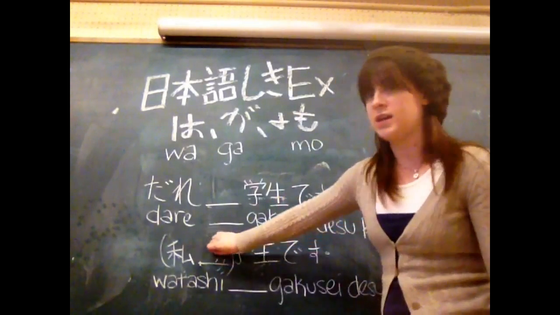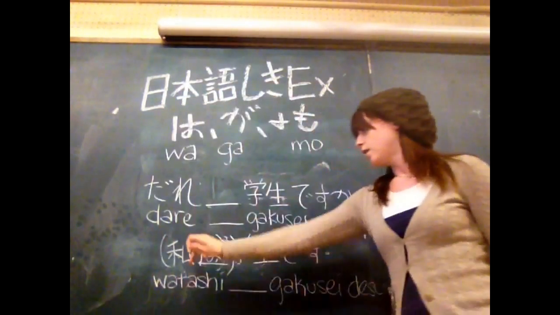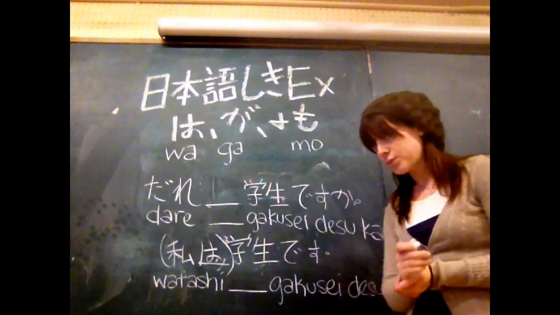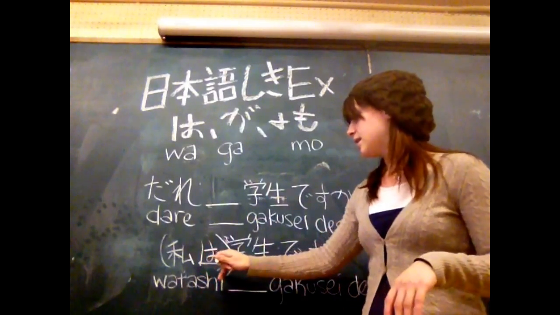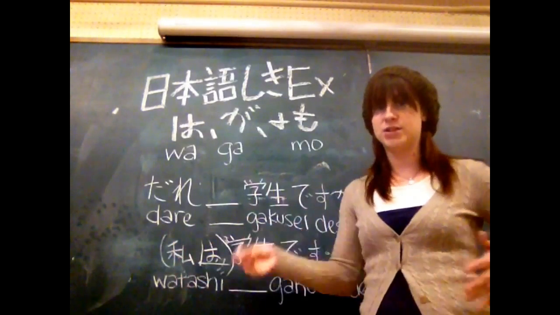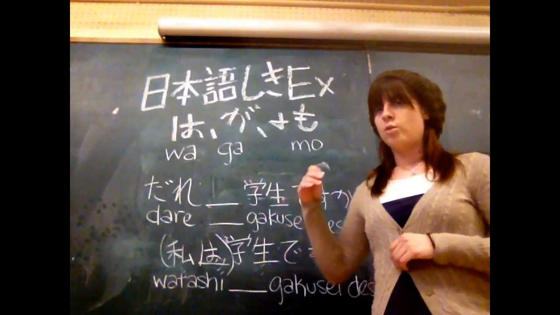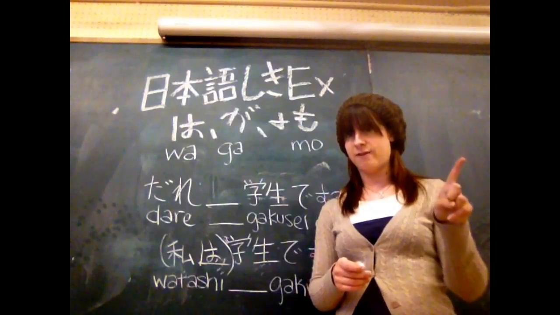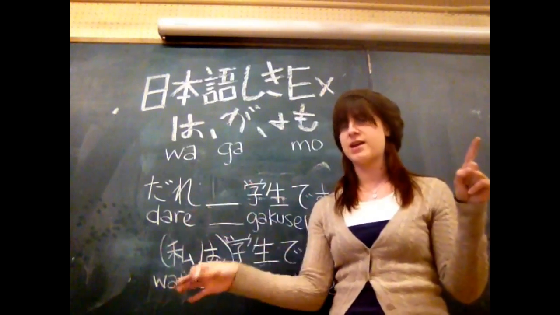Anyway, if we're going to use it, we put it here at the start of a sentence like this. Watashi wa gakusei desu. I am a student. Very literally translated, this means, as for me, I am a student. That's a common literal translation you'll see. We use this particle when we want to either A, clarify a topic, oh no, we're totally talking about this right now.